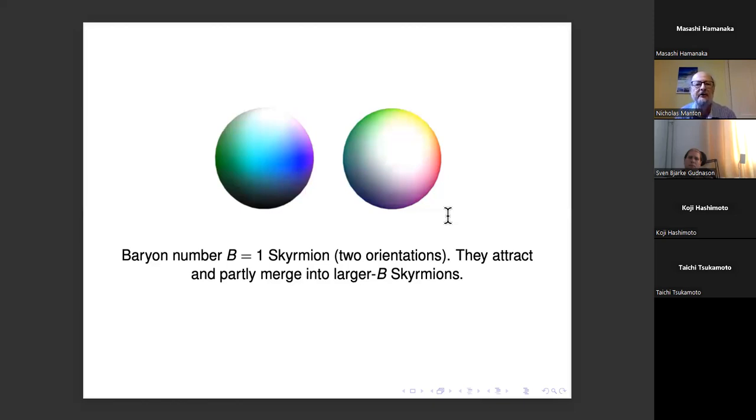And the coloring shows the field structure. Skyrmions, like many solitons in more than 1 space dimension, need several field components. So to illustrate the fields and not just the energy, you need some kind of graphical or coloring scheme, some arrows maybe, to illustrate the field structure. So that's what the coloring means. I won't go into the details here.